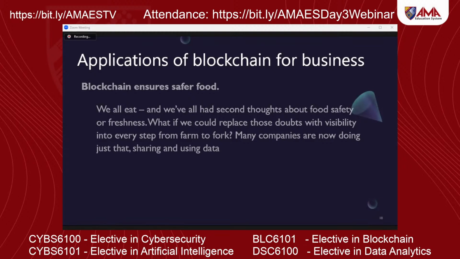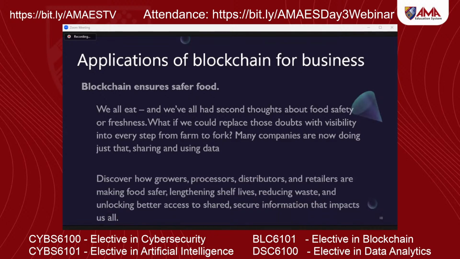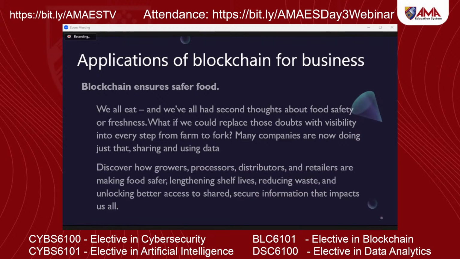Okay, many companies are now sharing and using data. So, yun nga. Okay, so discover how growers, processors, distributors, and retailers are making food safer, lengthening shelf lives, reducing waste, and unlocking better access to shared, secure information that impacts us all.